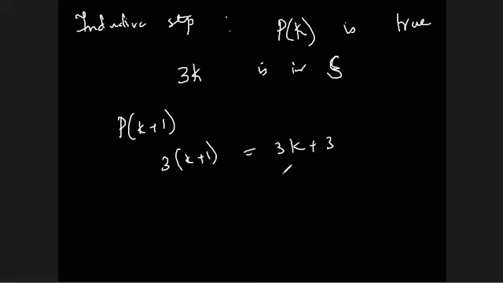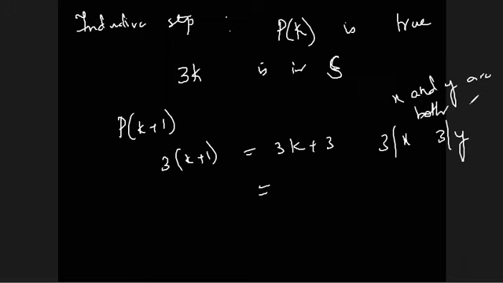3k plus 3 is basically, if you use the property x plus y is in S whenever x and y are in S, then 3 divides x and 3 divides y. If x and y are both in A, then they are supposed to be multiples of 3, so 3 should divide x and also 3 should divide y.